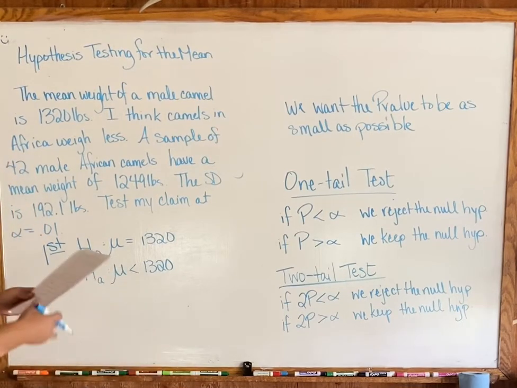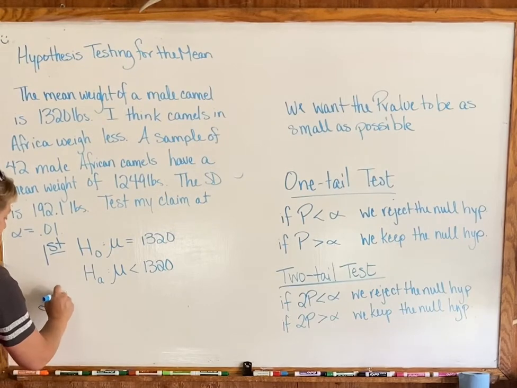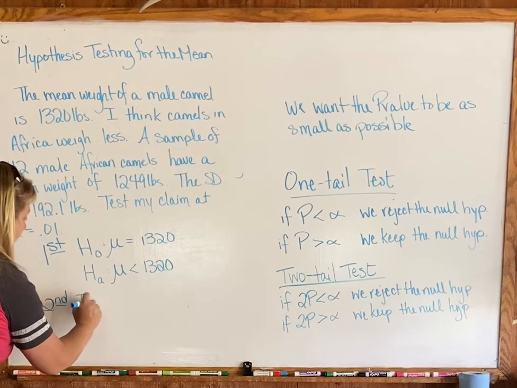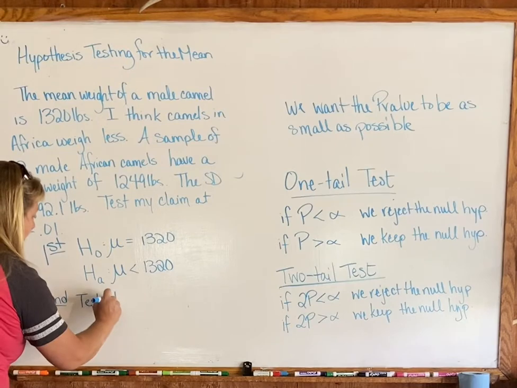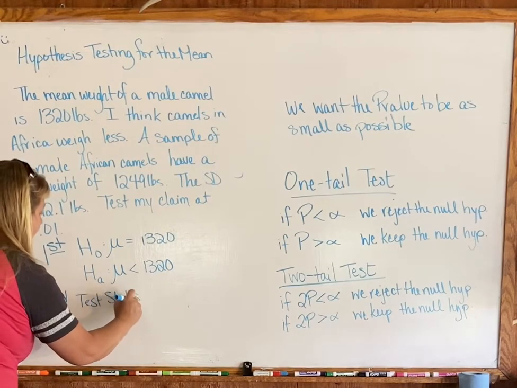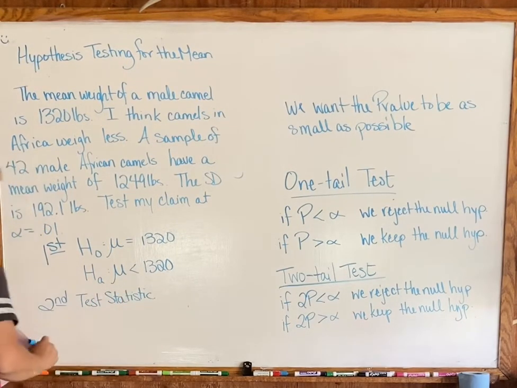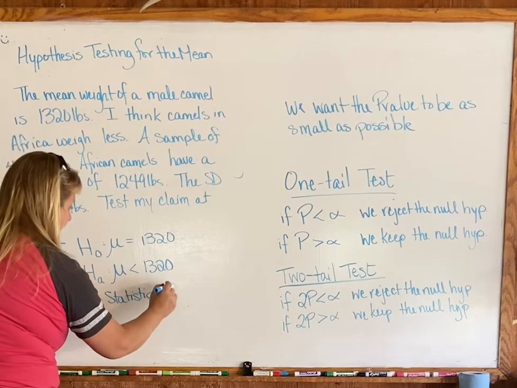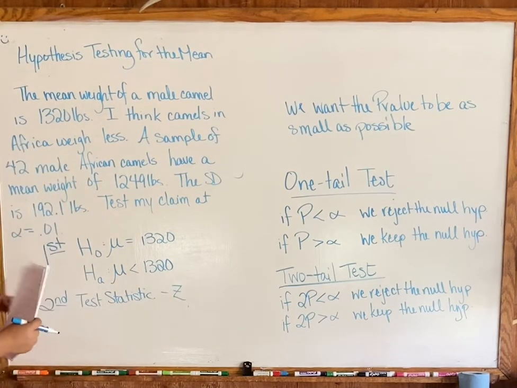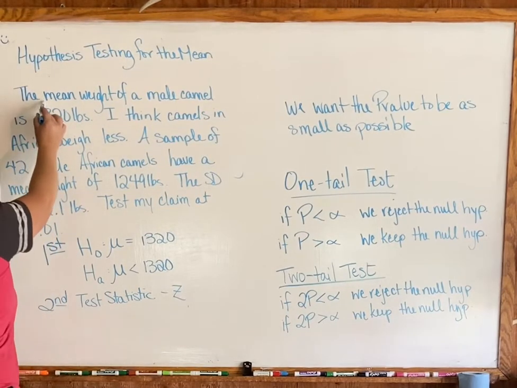Now the second step is to find our test statistic. And this test statistic is our z-score. So this is z. And in this problem, we need to decide what we're doing here. It is the mean, right?